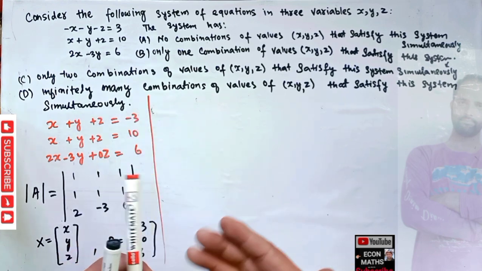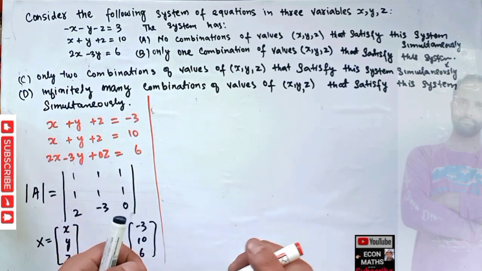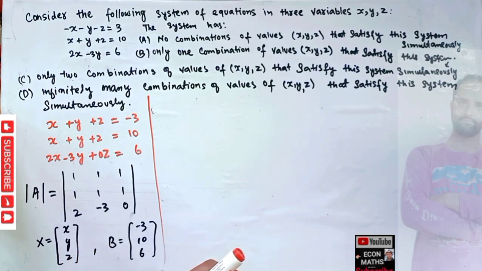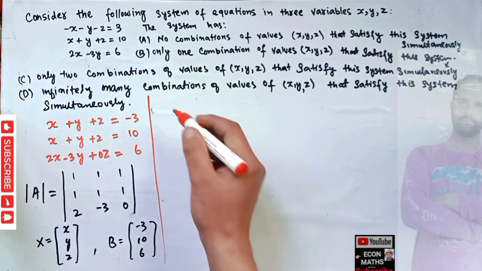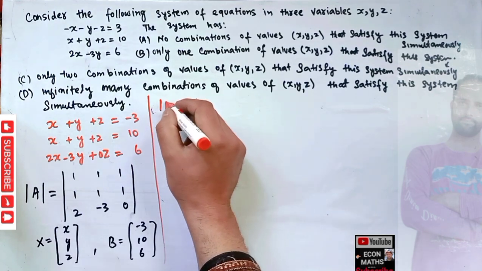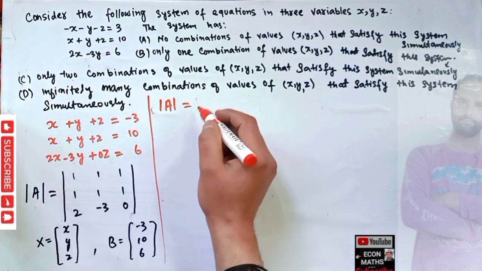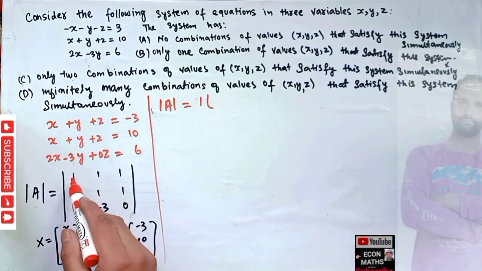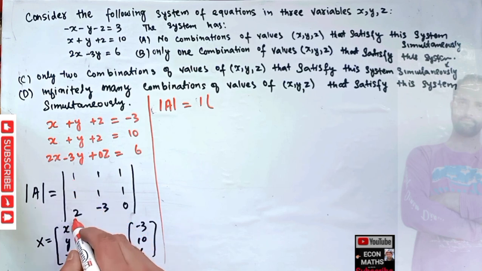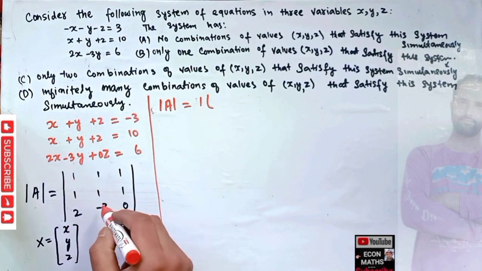Now to find whether this system of equations has a solution or not, we will be using Cramer's rule here. In Cramer's rule, first we need to find the determinant of this coefficient matrix. How do we find the determinant? We write this one, and mentally delete this row and this column and take the determinant of the remaining elements.